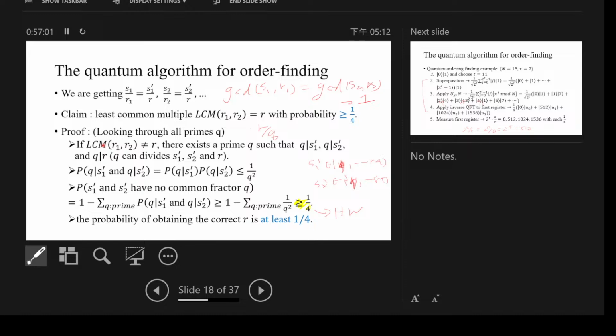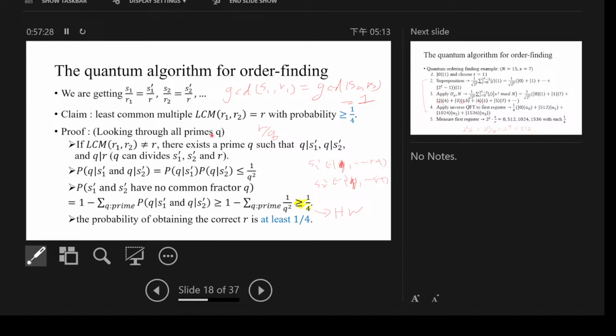Next time we'll talk about a bit of proof of why getting many S and R works. Here it is just number theory. Number theory tells you that you get random S over R, and then you get enough of those, R1, R2, and you take the least common multiple.